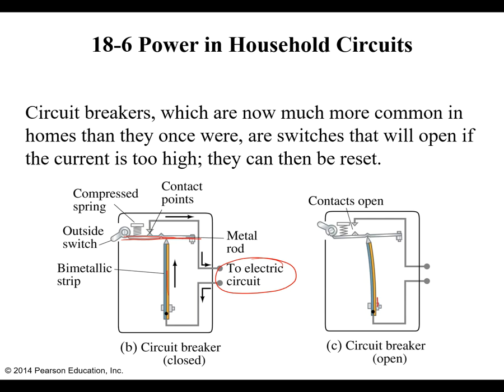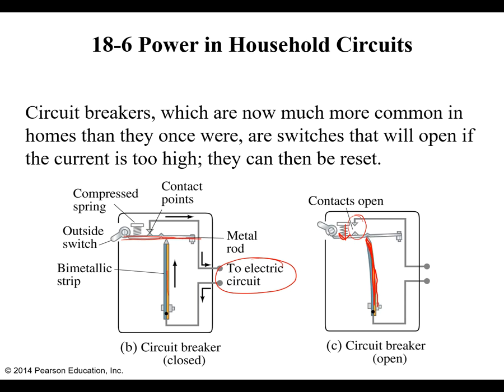And if it heats up to a certain point, it's going to start to bend. And if it bends to a certain point, the spring will push the rod down, thus disconnecting the circuit. And disrupting the circuit, it prevents things from getting too hot, and thus you save your house from catching on fire.